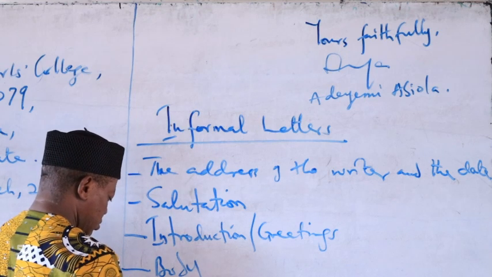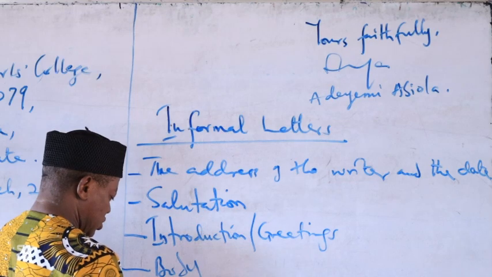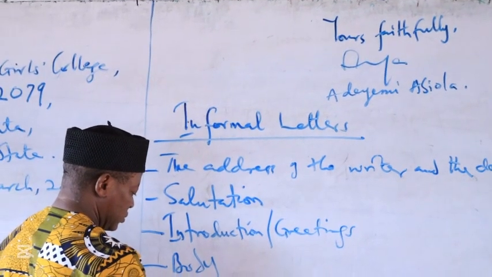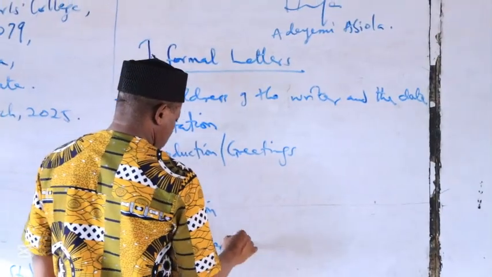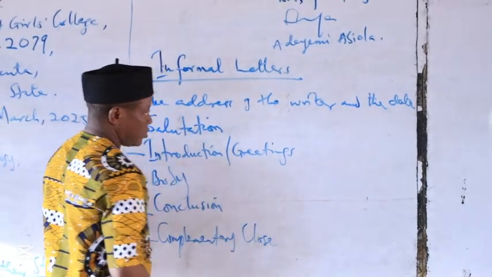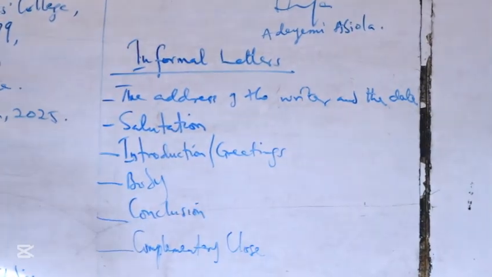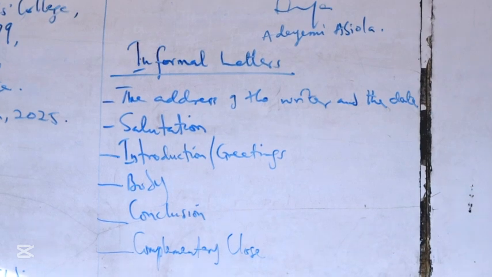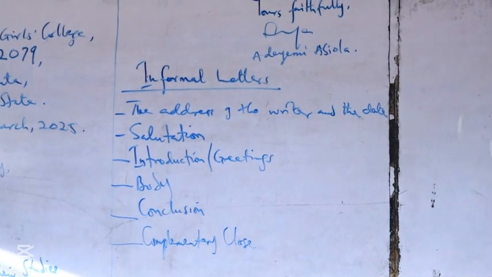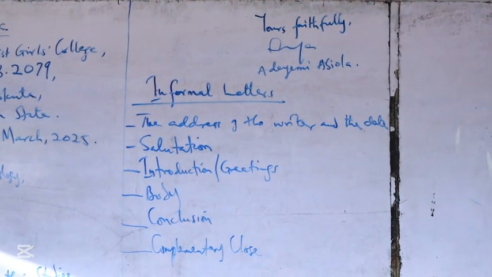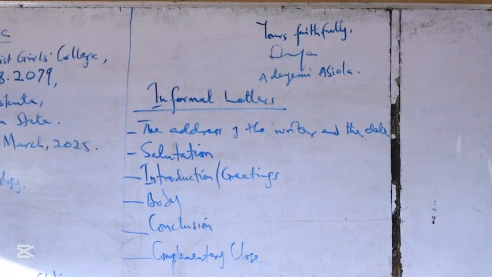Conclusion. And the last one is the complimentary close. Those are the stages of an informal letter.